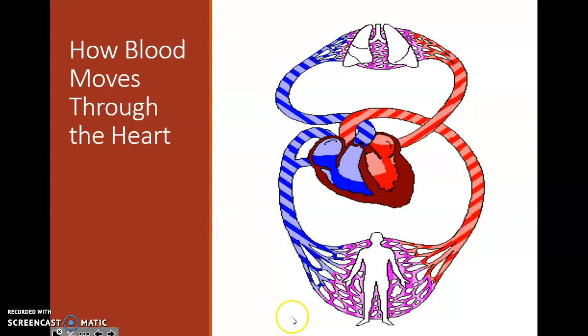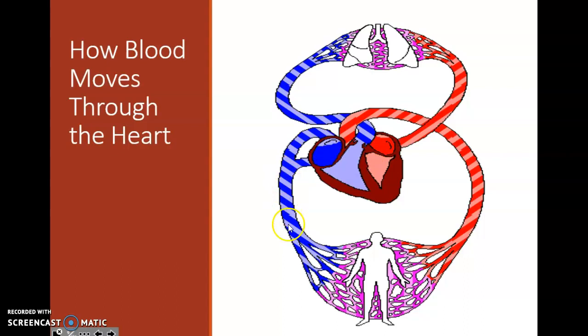So let's talk about how the blood moves. As you can see, blood comes from the body, and it's containing carbon dioxide, it's low in oxygen.